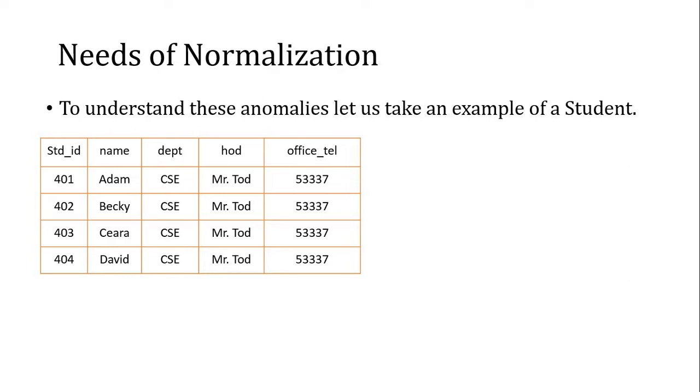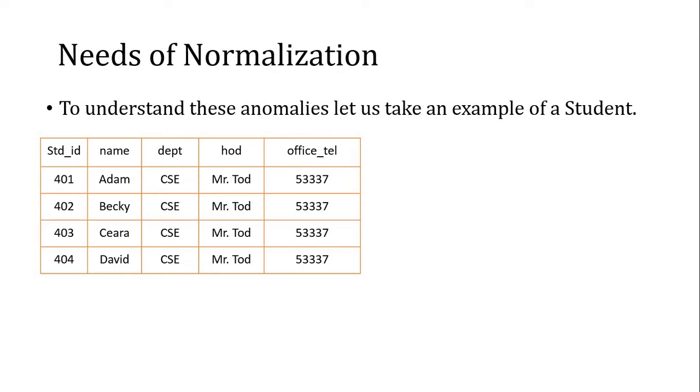Here we see four students having IDs 401, 402, 403 and 404. All of the students have different names, but they have the same department. They belong to the same head of the department, and the head of the department has the same office telephone number.